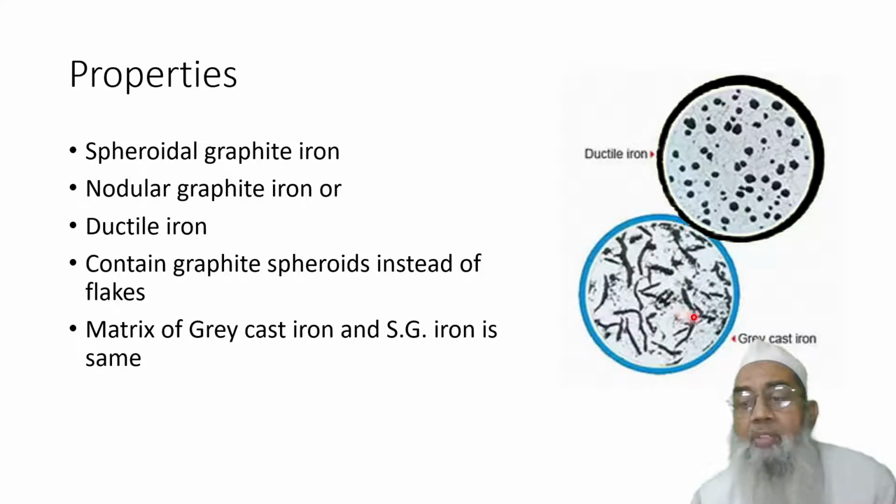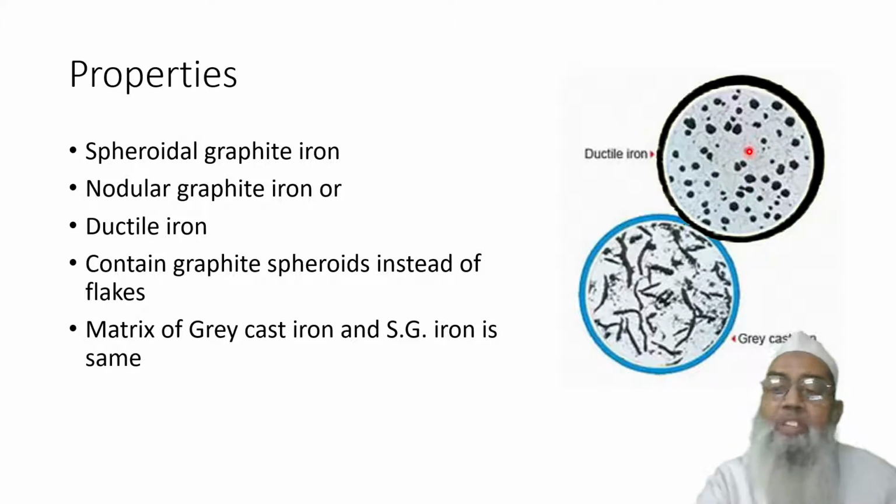Here we have grey cast iron in which the carbon is present in the form of flakes dispersed in the matrix of iron. While in the case of ductile iron or SG iron, these flakes are available as spheroids dispersed in the whole matrix. The matrix is the same.